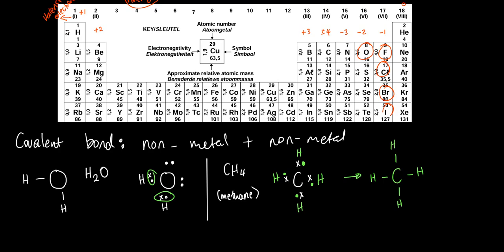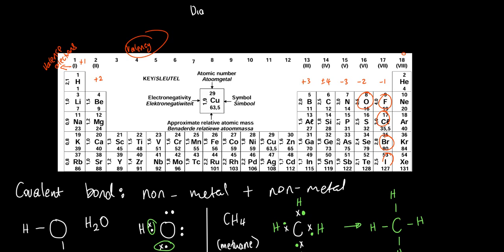Right. Let's try others just to have more practice, because there are a lot of these things. So let's talk about NH3. How do we draw a Lewis structure? The question will tell you to draw a Lewis structure or Lewis diagram for NH3. So you check: nitrogen has how many valence electrons? 1, 2, 3, 4, 5.